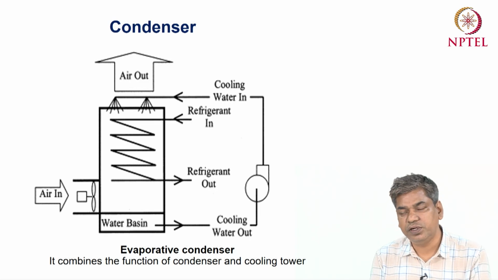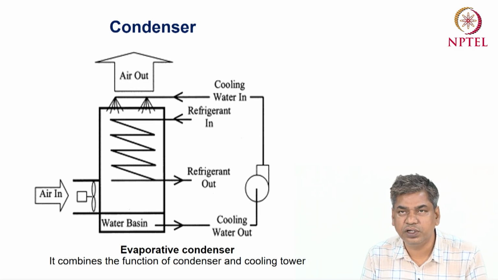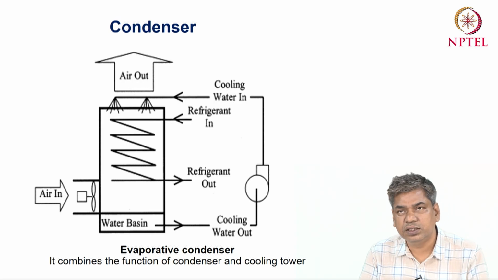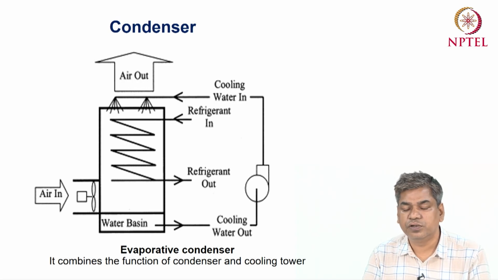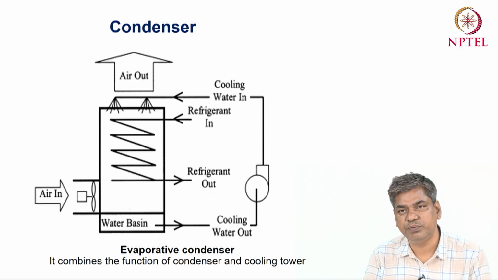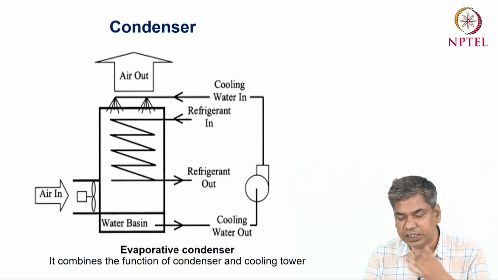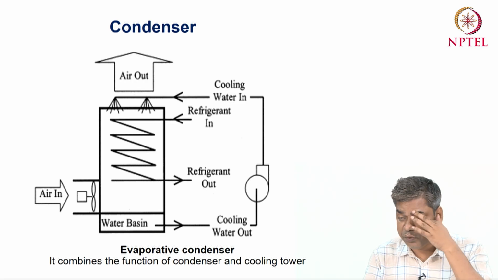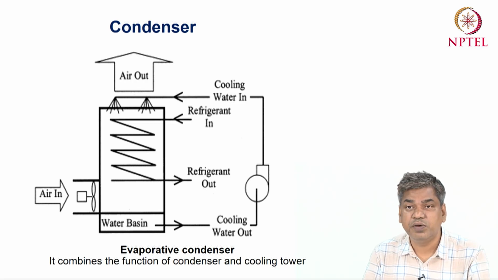The evaporative condenser is widely used for commercial applications, or you can say the central air conditioning system for a building, or for a small market. For this case, sometimes we always prefer the evaporative condenser.